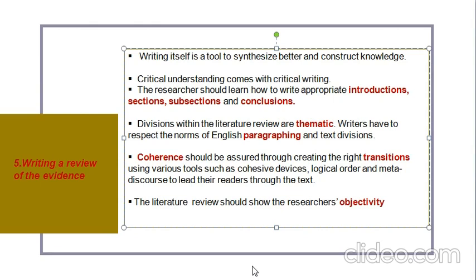The researcher will synthesize and continue synthesizing through the tool of writing. For this reason, we say that writing is a way to construct knowledge, to build knowledge. In other words, a critical understanding of the materials comes with critical writing.